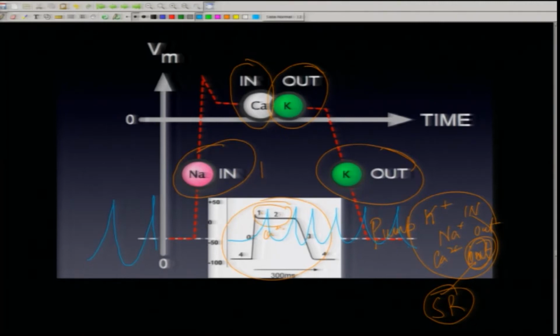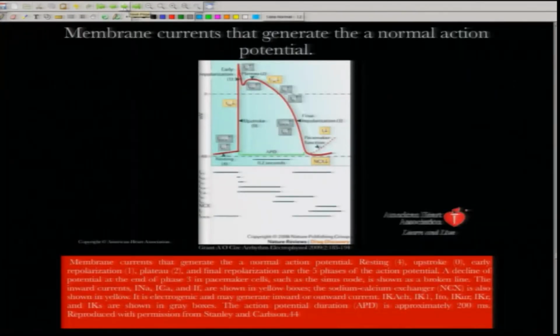And parallelly there will be a mechanical event of contraction which will occur. Membrane current that generates a normal action potential. This is how this whole thing functions. You can go through repolarization, and that will give you a better idea about it.